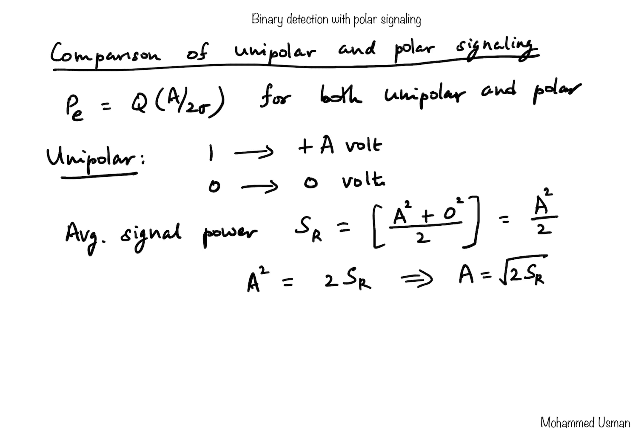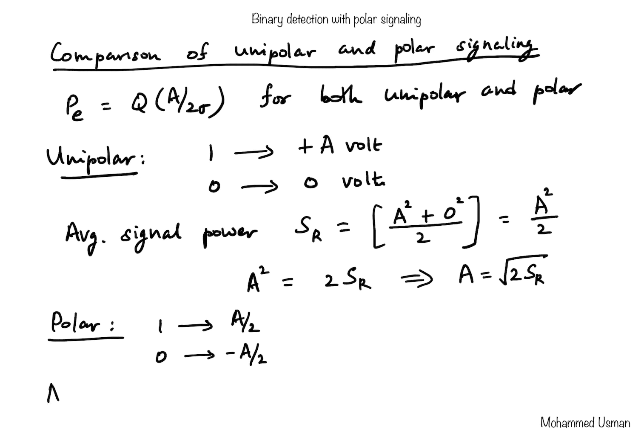So in the polar case, we are representing a binary 1 as a positive voltage A by 2 and a bit 0 as a negative voltage, which is minus A by 2.